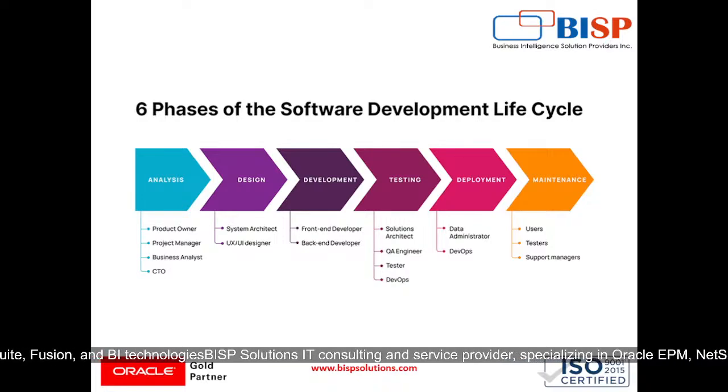QA engineer is quality analyst engineer who will test the quality of the software. Then the deployment phase will be coming, where the people involved are the data administrator and DevOps engineer. So what is the meaning of deployment?